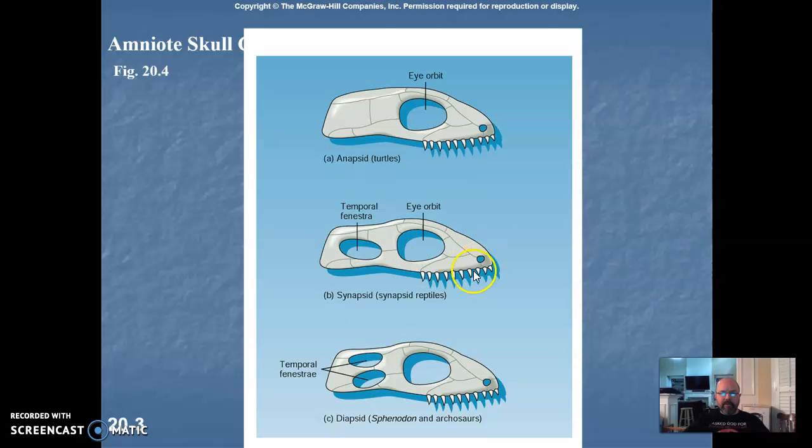And this gives us three separate groups of reptiles: anapsids, synapsids, diapsids. The two that we call saurapsids, meaning reptile opening, are anapsids and diapsids. They're kind of grouped together, and then the synapsid reptiles are pulled to the side.